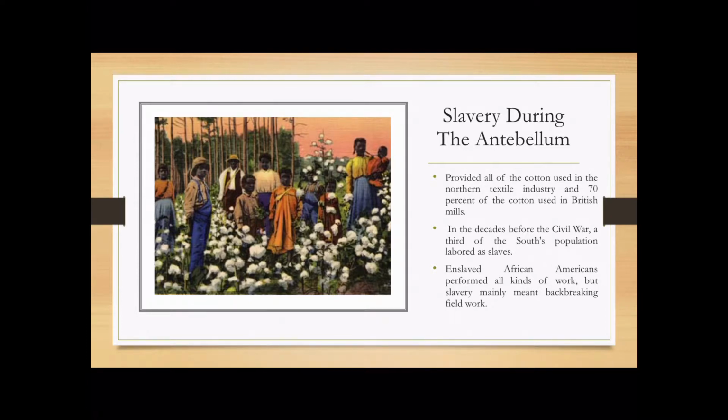Deprivation and physical hardship were the official mark of life under slavery, and slave sales frequently broke up their families. During the early 19th century, slavery experienced a new spurt.